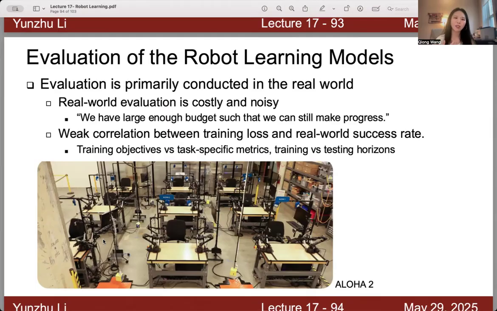We do not have a large enough budget to keep making progress. Another issue is the weak correlation between training loss and real-world success rate, training objective versus task-specific metric, and training versus testing horizons.